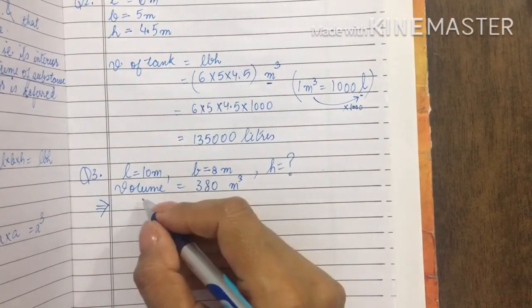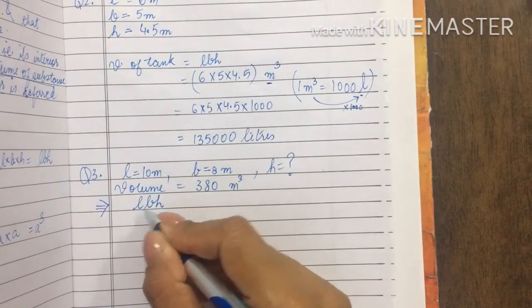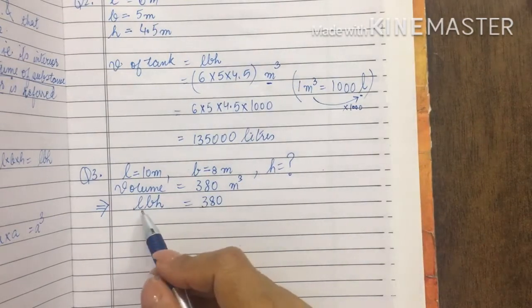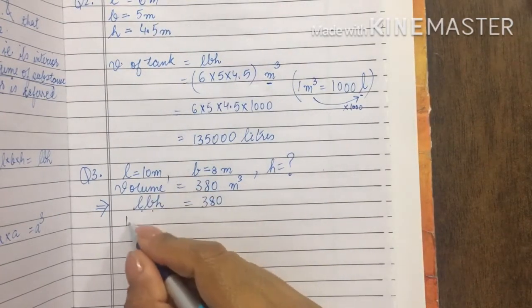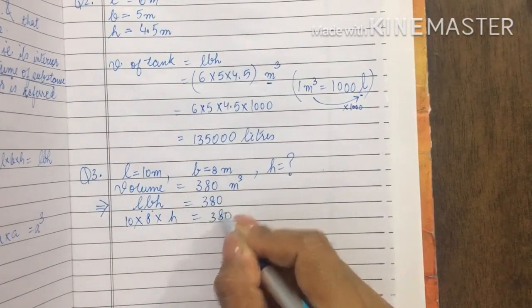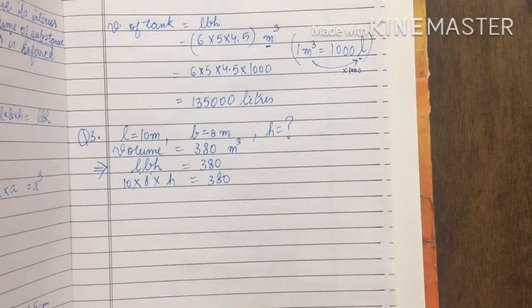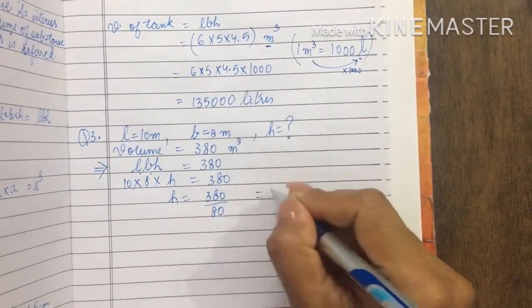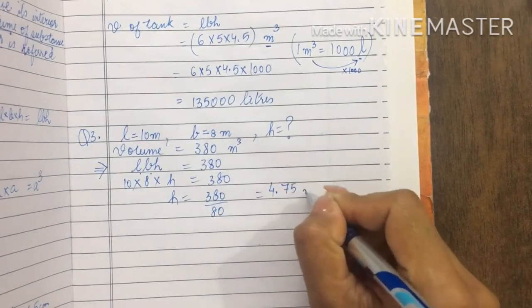So this means volume, which is obtained by the product of L, B and H, equals 380. Let's use the values of L and B as given. 10 into 8 into H equals 380. Solve this equation and obtain the value of H. H comes out to be 380 divided by 80. This will be 4.75 meters.